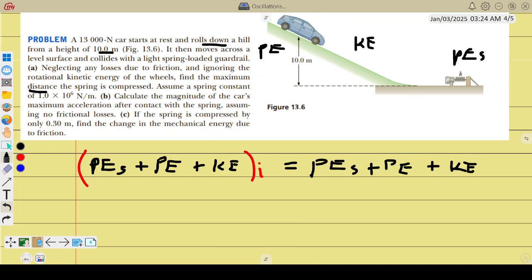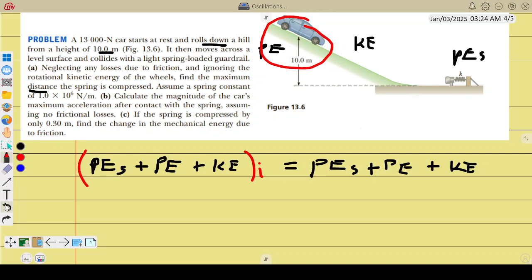Now we just start to think through things. At this point, when the car was starting, this is the initial.